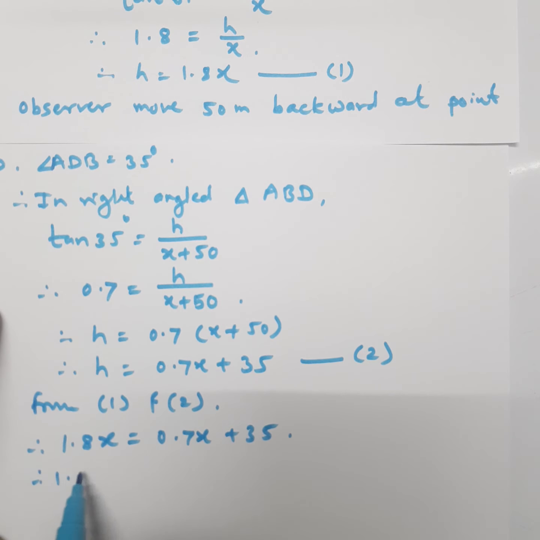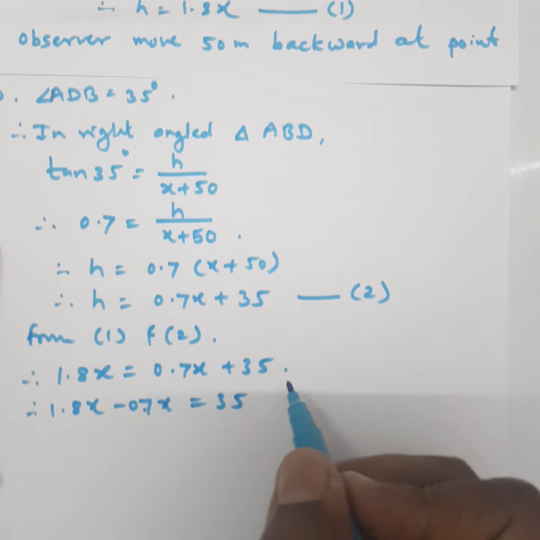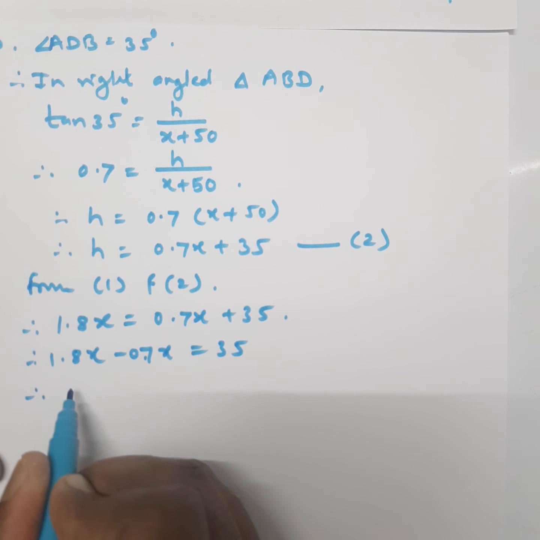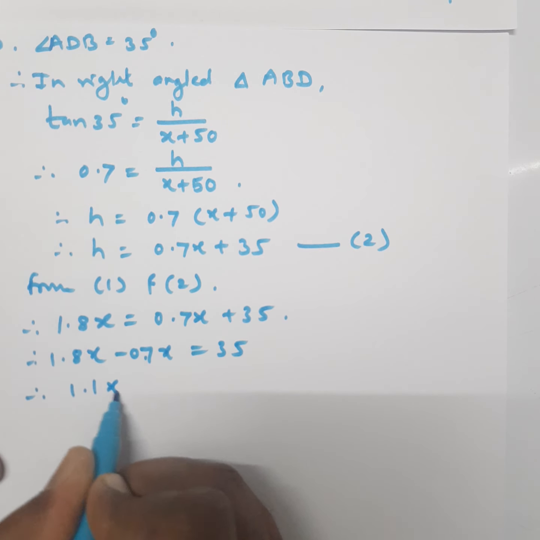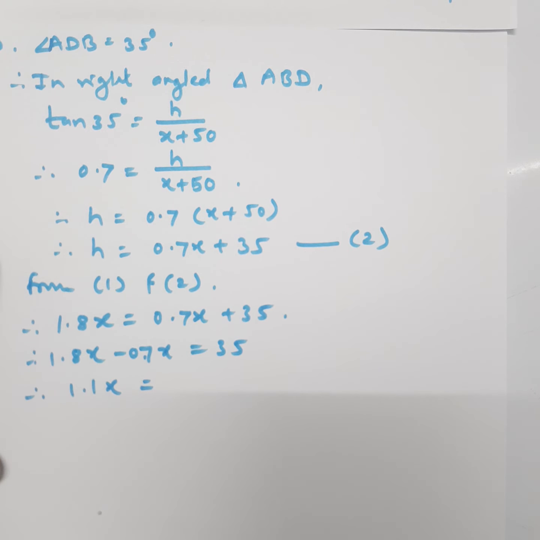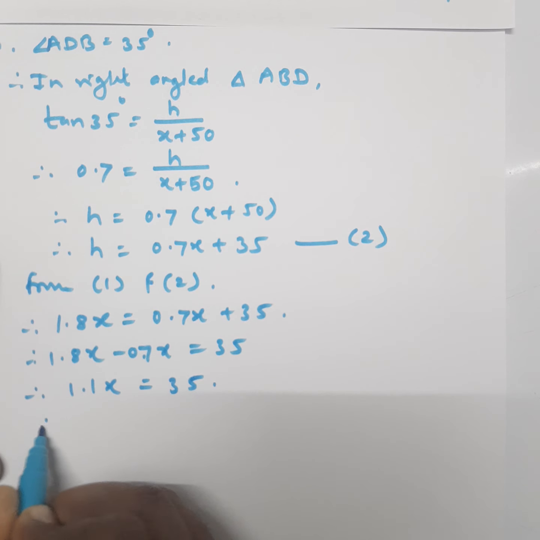Therefore 1.8x minus 0.7x is equal to 35. Therefore 1.8 minus 0.7, 1.1x is equal to 35.